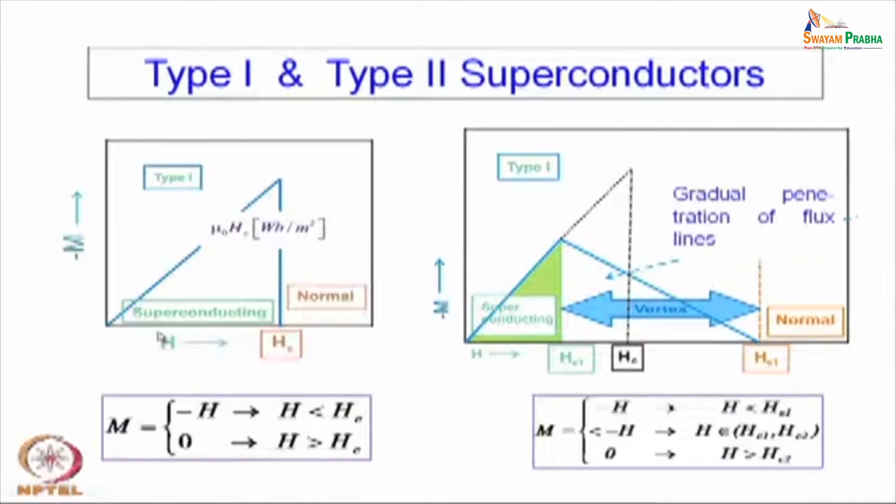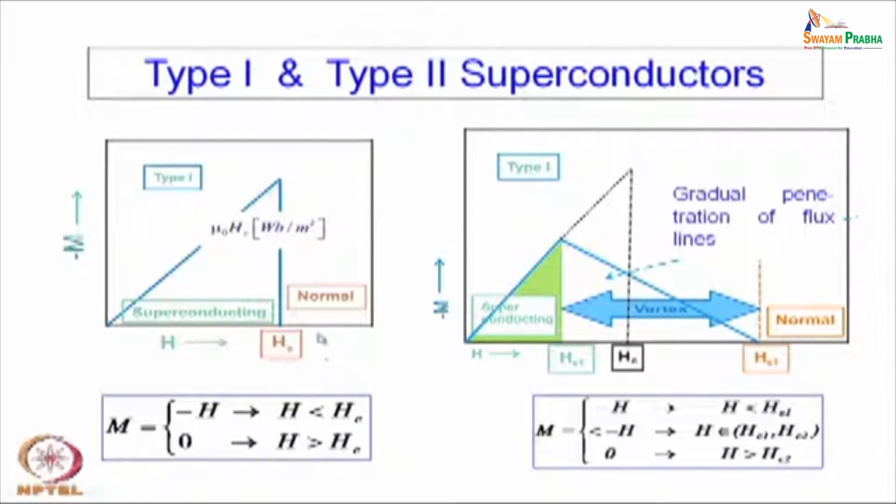The susceptibility is absolutely -1. So, it remains superconductor, therefore, it increases exactly proportional or exactly equal to the value of the magnetic field. At a certain point, it becomes 0.